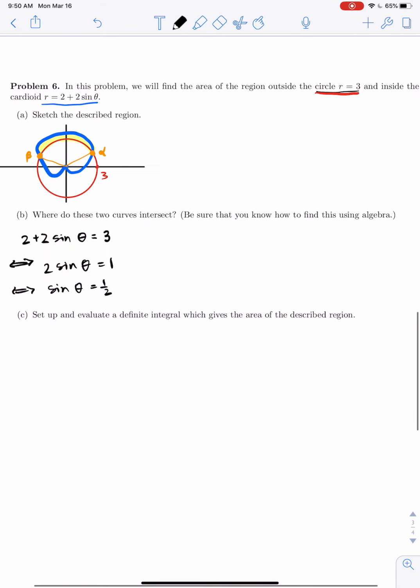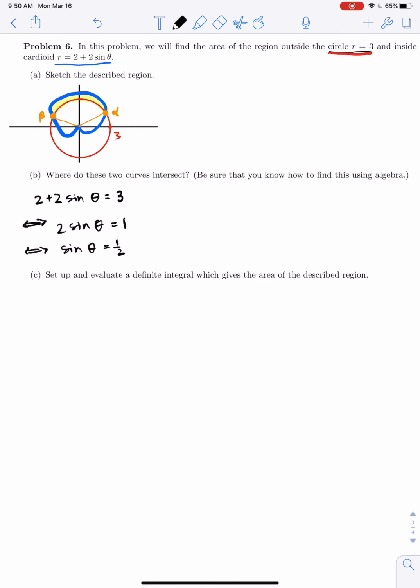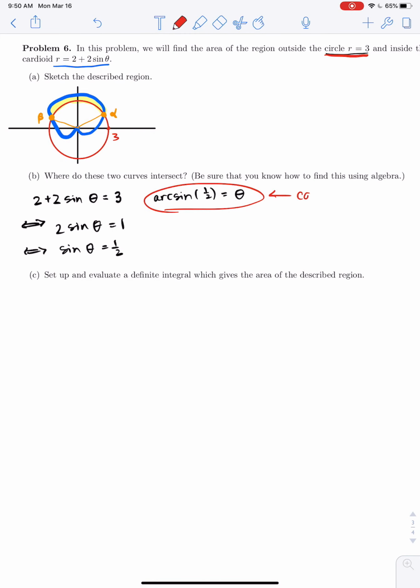And then we have to ask ourselves, okay, so what values of theta make sine of theta equal to 1/2? And you're more than welcome to take arcsine of 1/2, but just remember that your calculator, when you do this, is only going to give you one value when really it's clear that there are 2 different values.